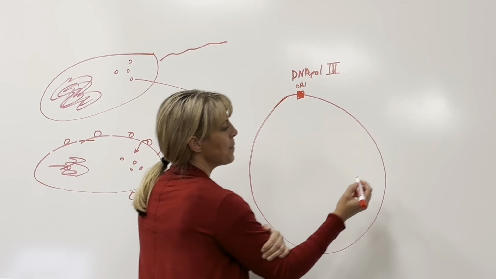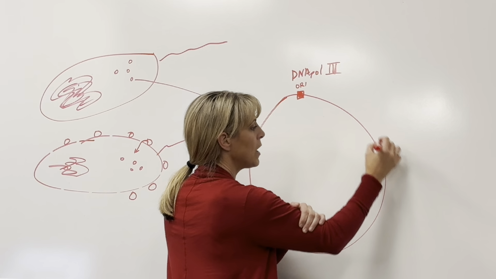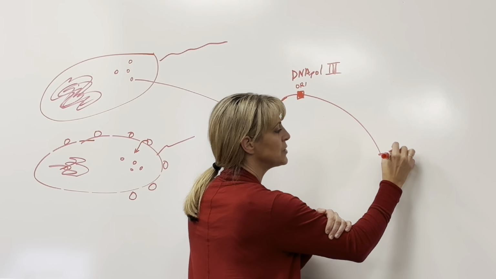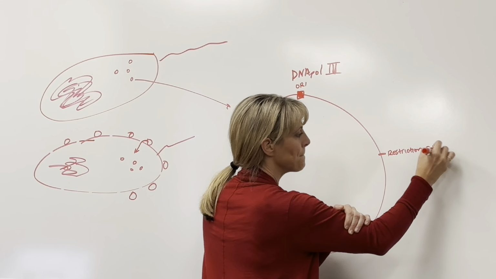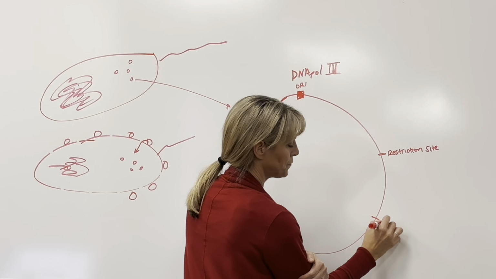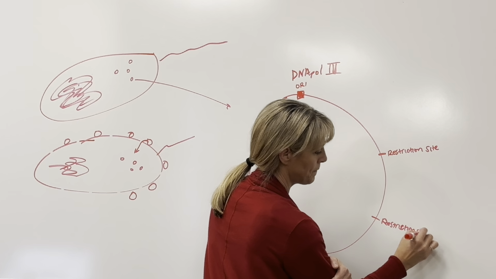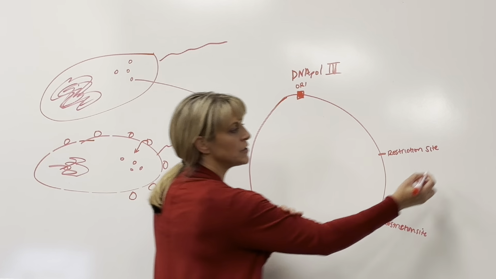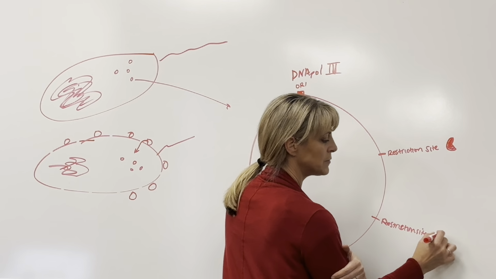Also in a plasmid itself, you want these things called restriction sites. These are areas where restriction endonucleases, these enzymes, will cut.